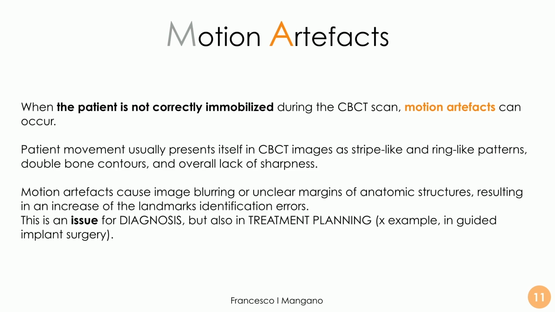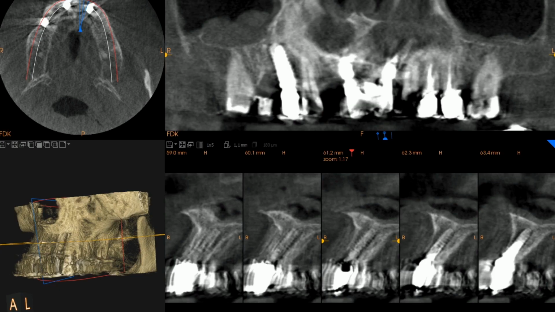So we can have a double contour of the teeth and lack of sharpness, and clearly this can cause image blurring or an unclear margin of anatomical structures, and there is obviously a problem with landmark identification. That is a big issue for diagnosis, but also for treatment planning. As I told you, guided surgery is the most important application in this case that can suffer very much from motion artifacts. And this is an example of a motion artifact.